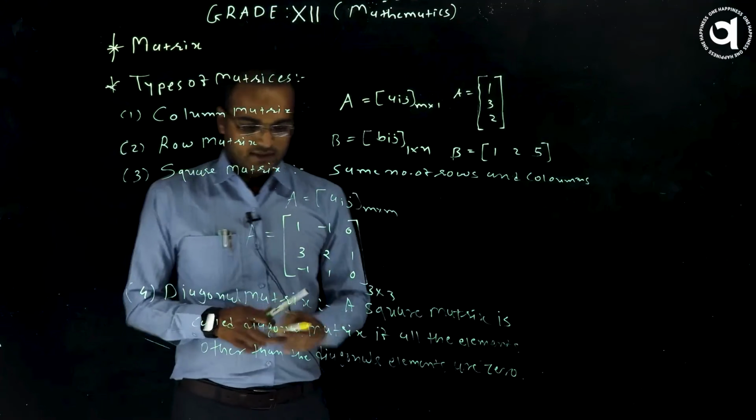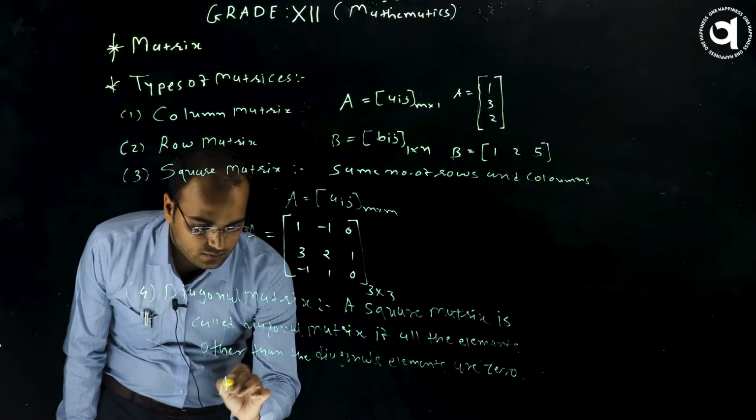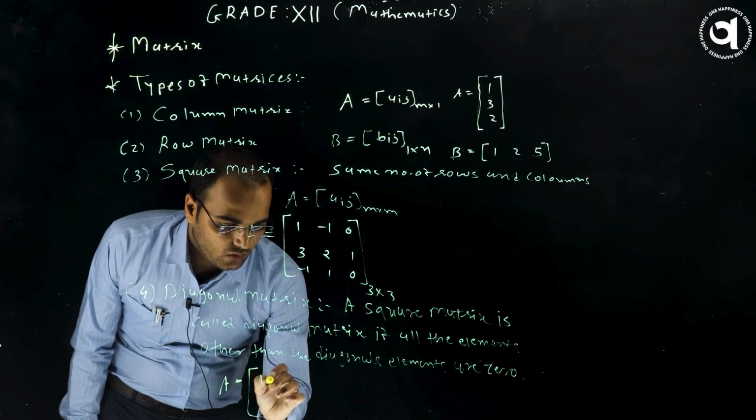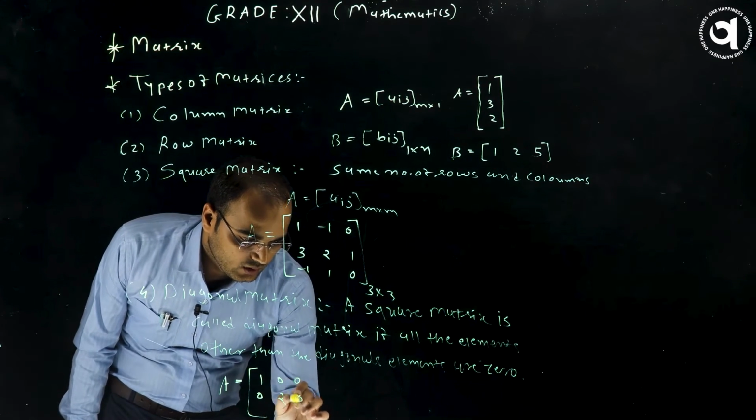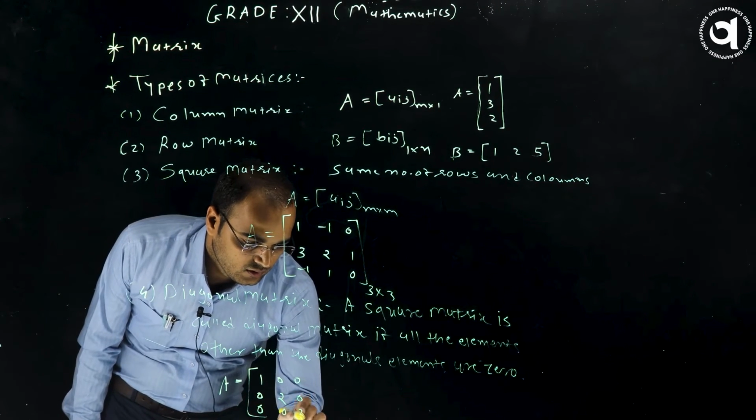For example, consider A equal to [1 0 0; 0 2 0; 0 0 3].